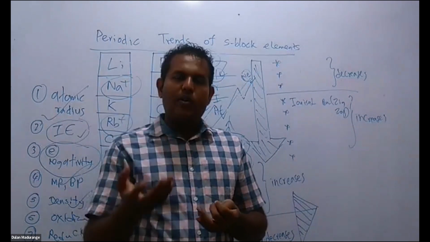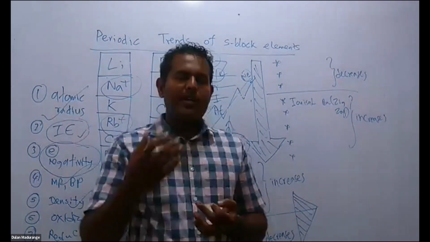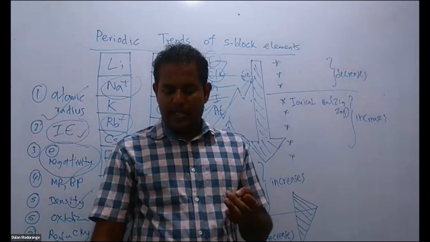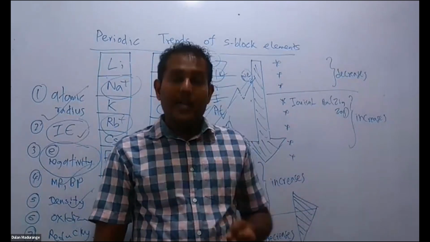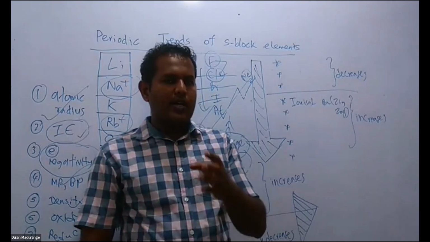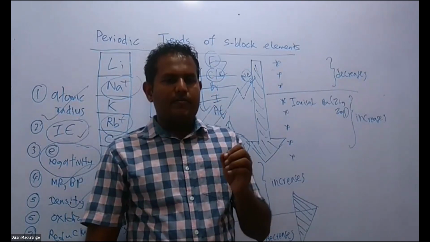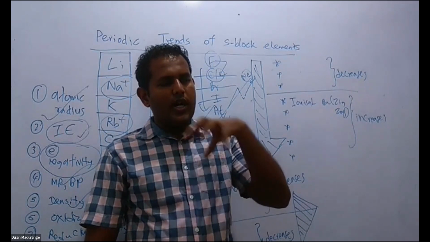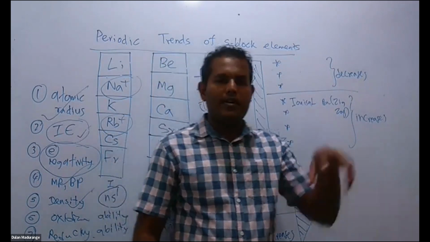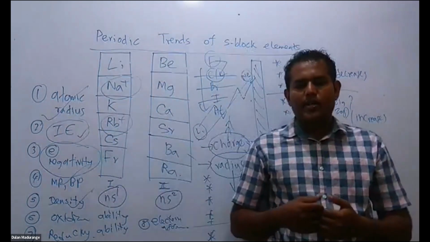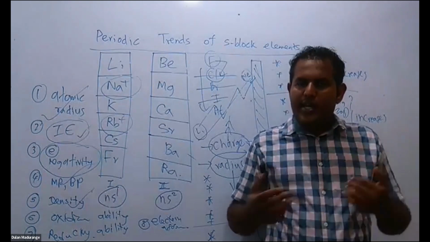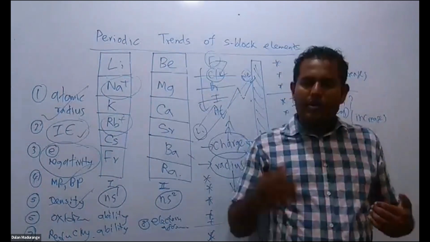So fluorine is gaining electrons. When it is gaining electrons, what you should understand is that it is reduction. Very good. That is reduction. So fluorine undergoes reduction itself. Reduction means gaining electrons. So when fluorine is gaining electrons towards itself, what will happen?